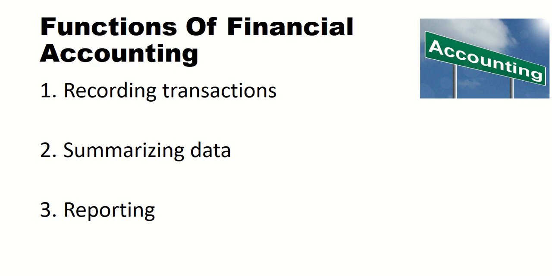Now the functions of financial accounting. As I told you in the previous slide, there are 3 processes that we have to perform, and these processes are basically the functions themselves. The first one is recording transactions, the very initial step of any business, just to maintain evidence, or to record, which happens in our daily routines naturally.